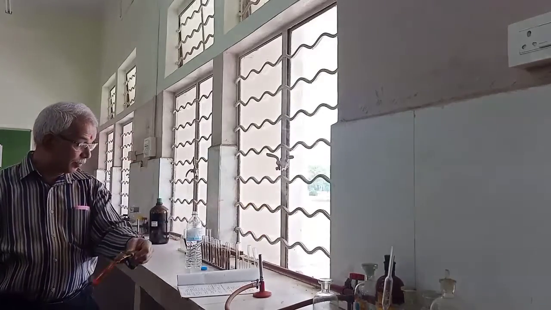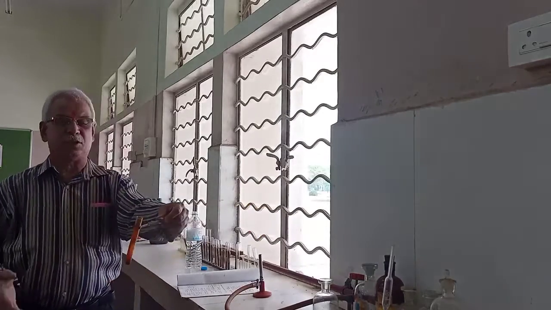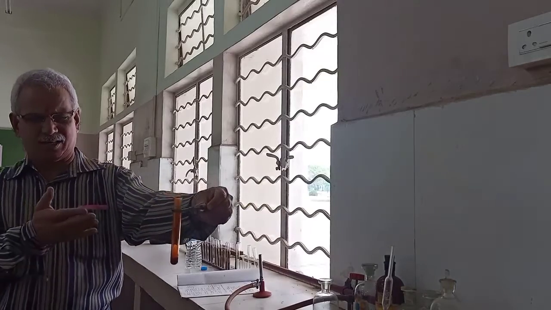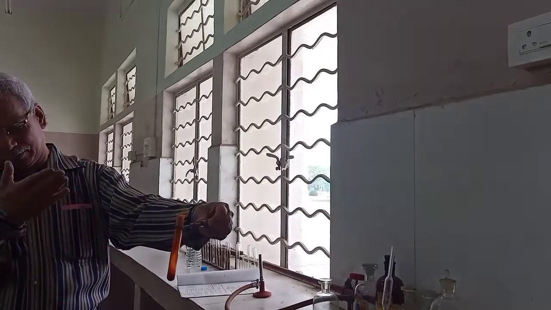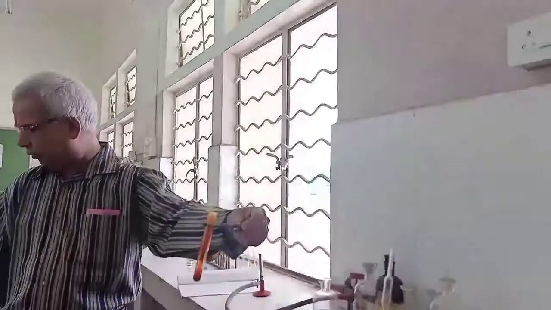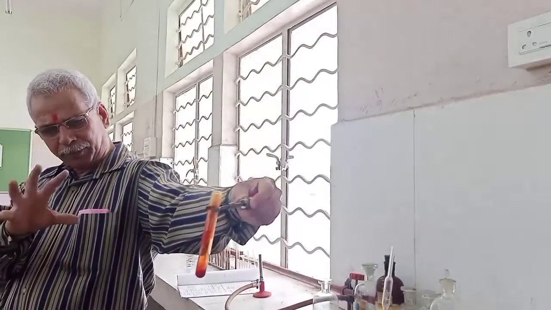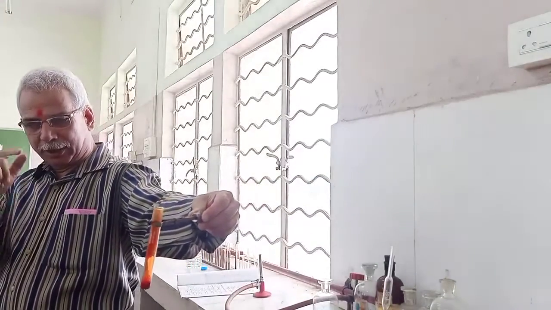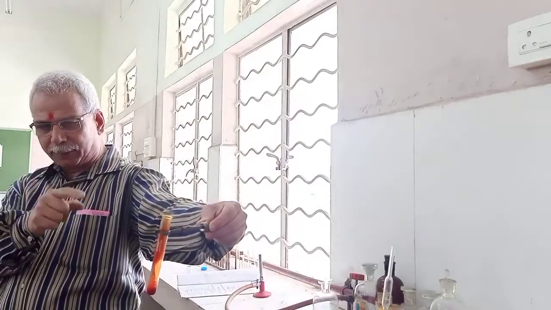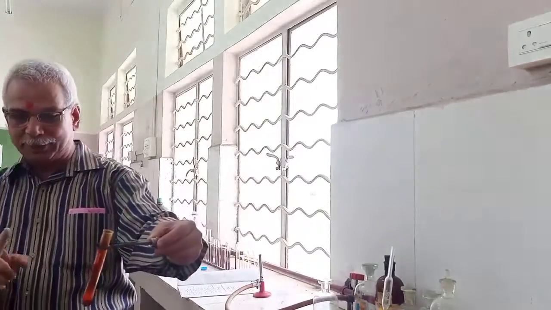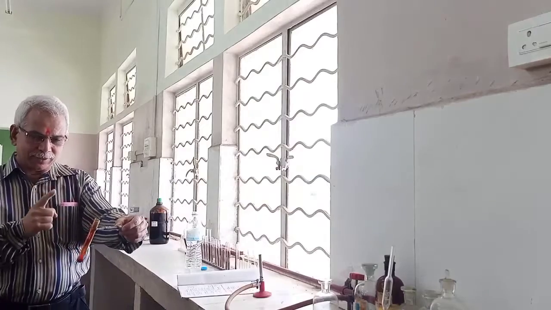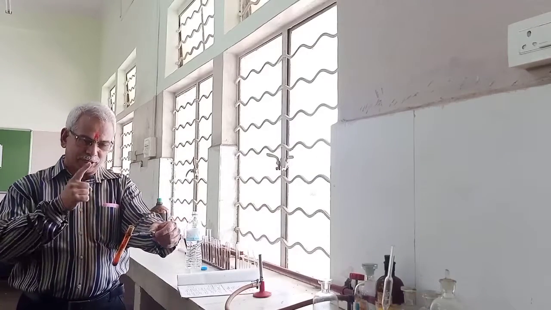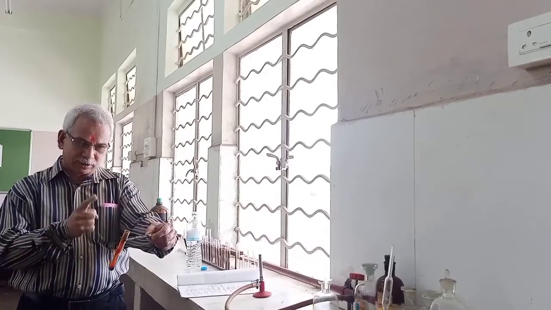This is giving evolution of dense reddish brown gas. See, dense reddish brown colored gas is coming. This color is due to chromyl chloride. The color of chromyl chloride is reddish brown dense fumes. That means the anion or the negative radical which is there in the salt is chloride.